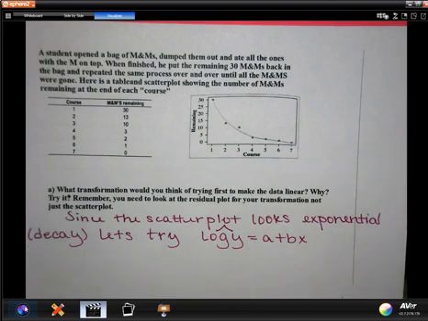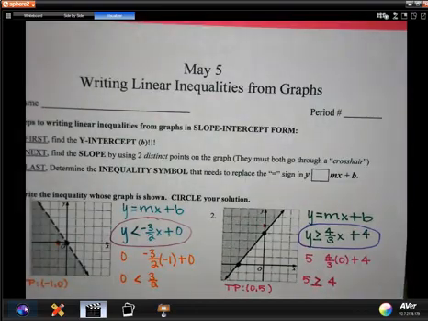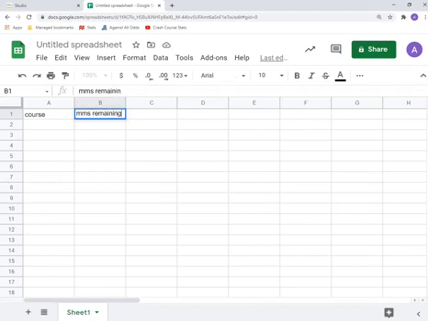So I'm going to switch to Google Sheets. So we have the course, M&Ms remaining. I can't spell.